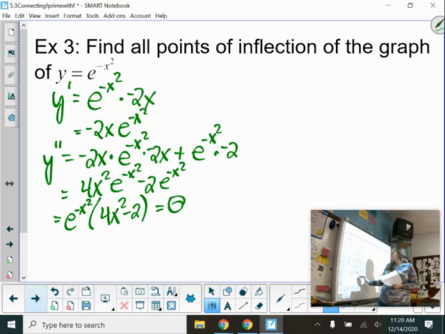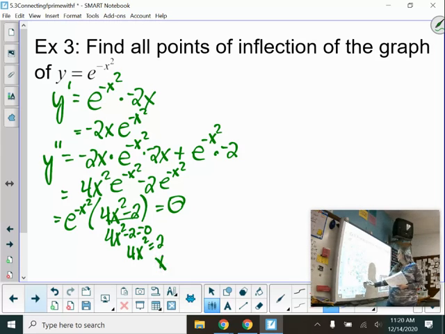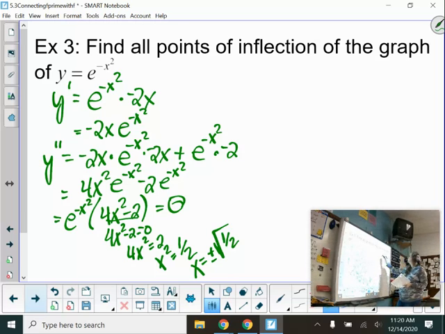This, though, I can set equal to 0, and I get x is equal to plus or minus the square root of 1/2, or plus or minus 1 over the square root of 2, whichever way you want to write that.